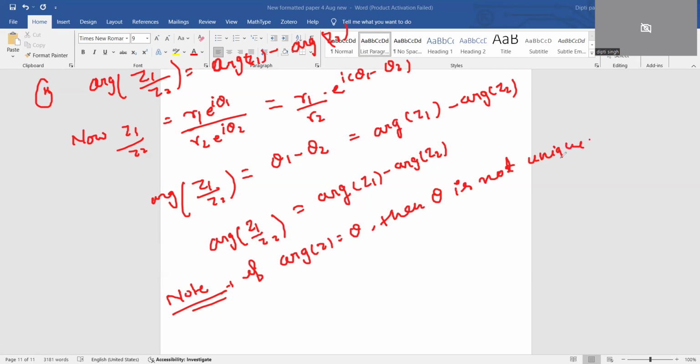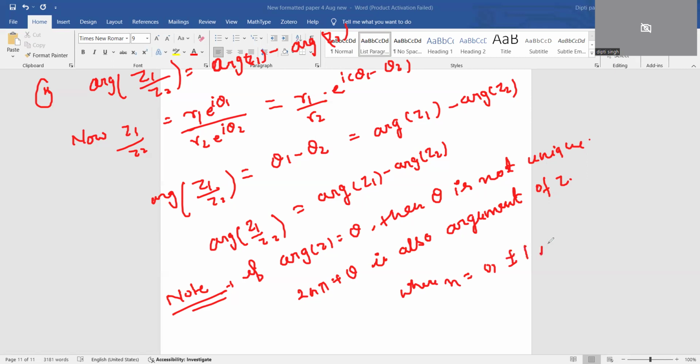So 2n pi plus theta is also an argument of Z, where n is 0, plus minus 1, plus minus 2, plus minus 3, and so on.